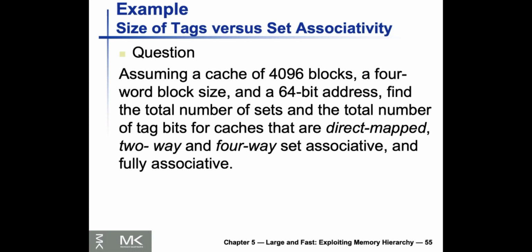So now the question is, find the total number of sets and the total number of tag bits for the cache. For all those three: direct map, two-way, and four-way set associative. Well, actually, we have been asked to just have it for two-way and four-way, and also fully associative. All right. So let's see how we're going to tackle this.